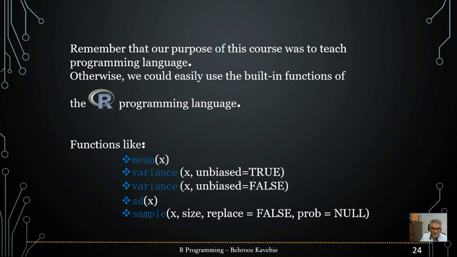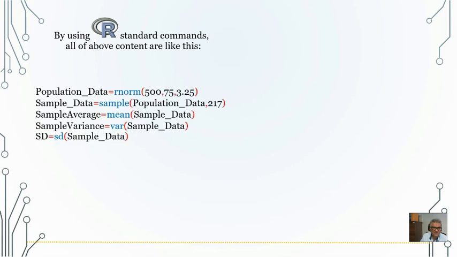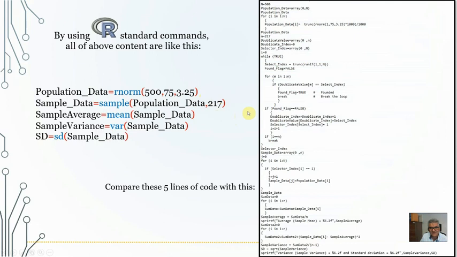And if unbiased is false, your summation will be divided by small n. Finally, you can see an example of the built-in functions of R. With these 5 lines of code, you can do all the things I told you. Compare these 5 lines with the programming code that I presented.